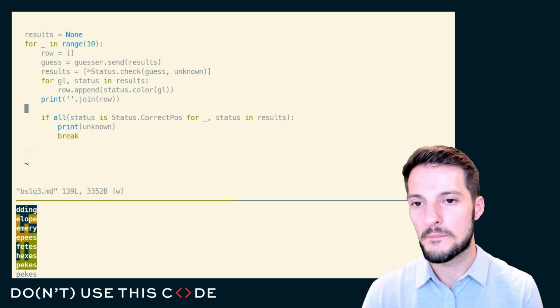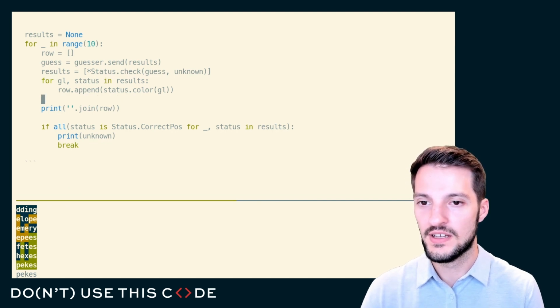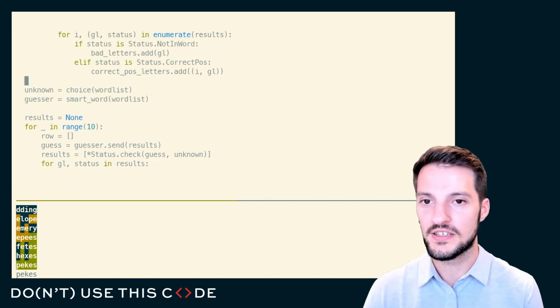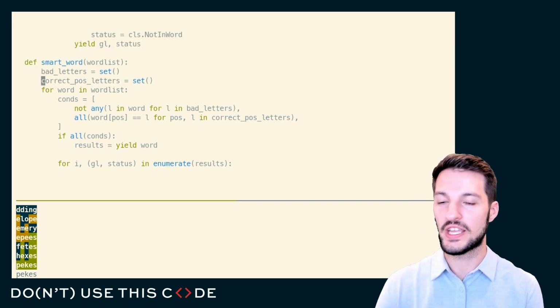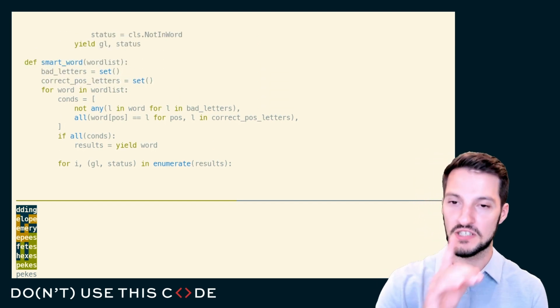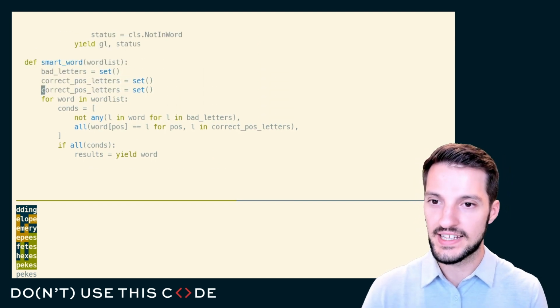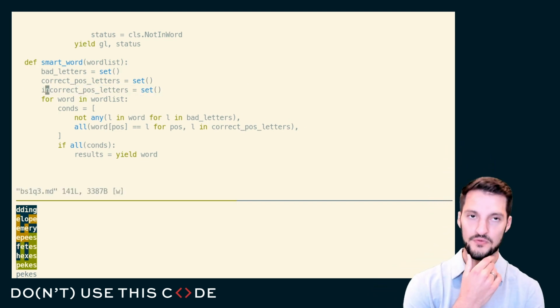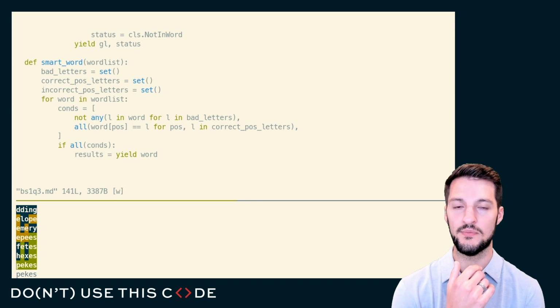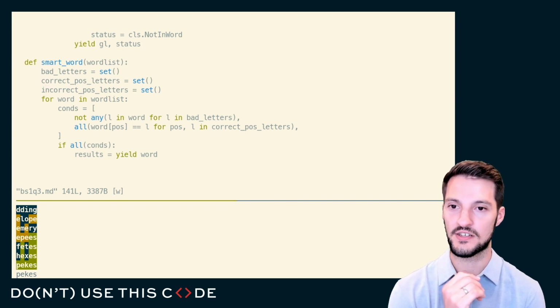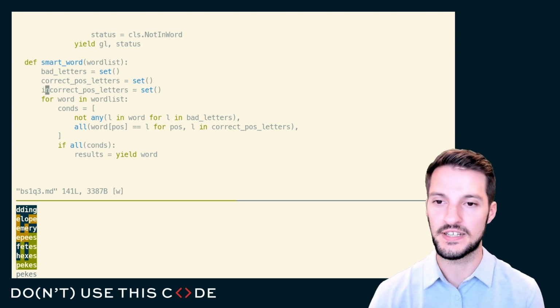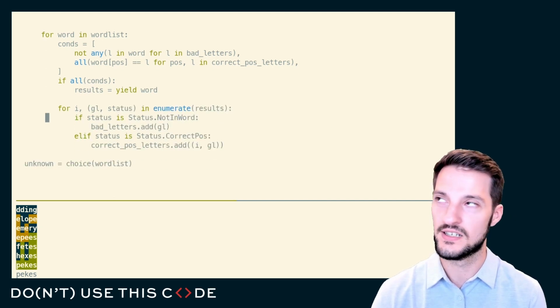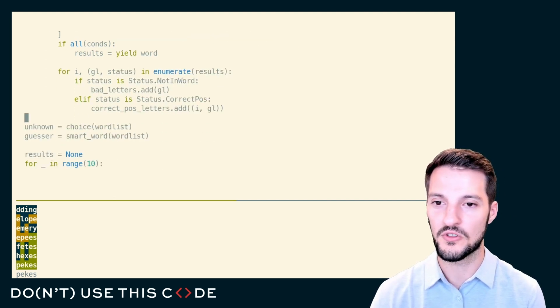But there's even more information here. We can use the letters that belong in the word, but are in the wrong spot. And if my intuition is serving me correctly, we can do this in the same way that we did the correct letters, except we just kind of invert it. And we'll need a little bit more logic.